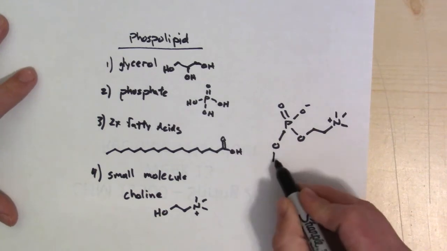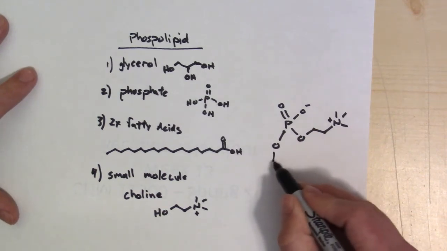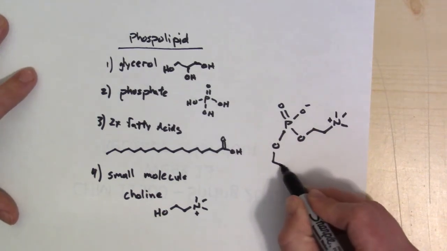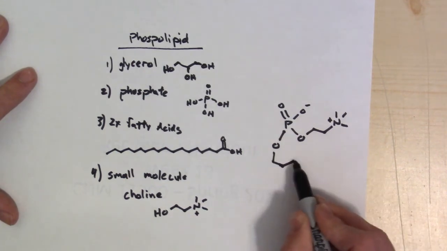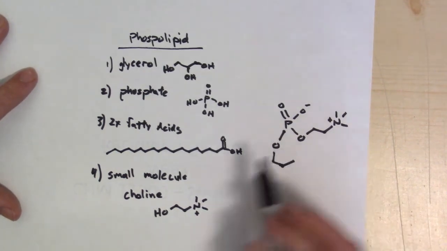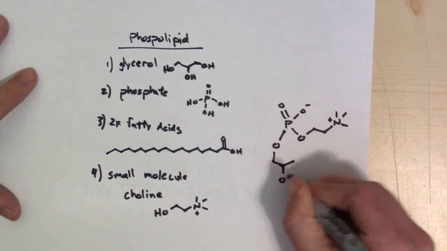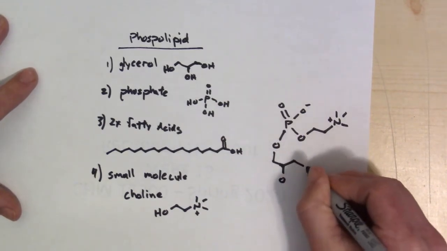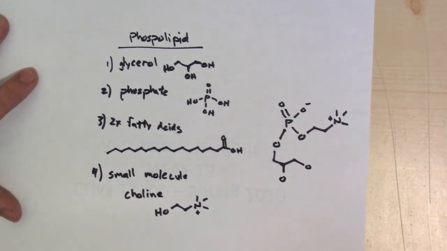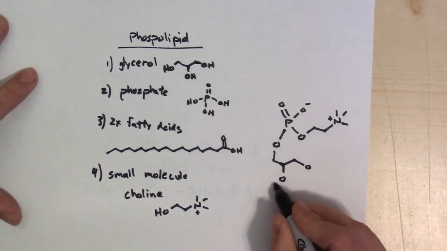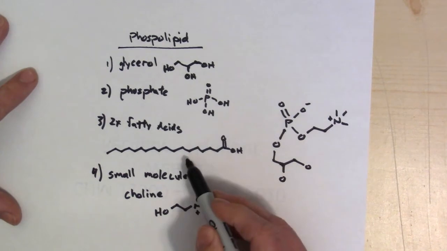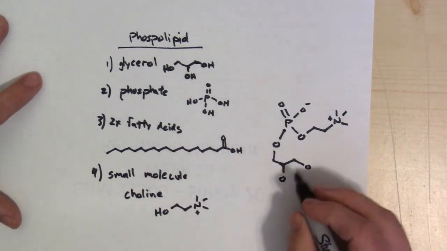So here we have our 3 carbons, 1, 2, 3, from glycerol. This was one of the OHs. We have a second OH there, and our third OH is there. So to each of these, we will add one of the 2 fatty acids.